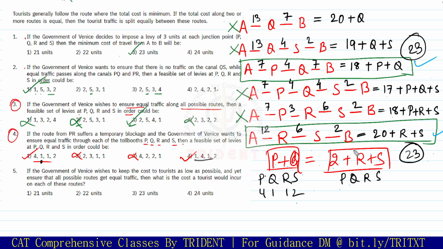Okay, what am I doing? I have to check 18 plus P plus Q, right? So P plus Q happens to be 5. 18 plus 5 is 23. Okay, this is satisfied. Let's check for this one. This is 20 plus R plus S, right? So 20 plus R plus S, that is 23. This is also satisfying.